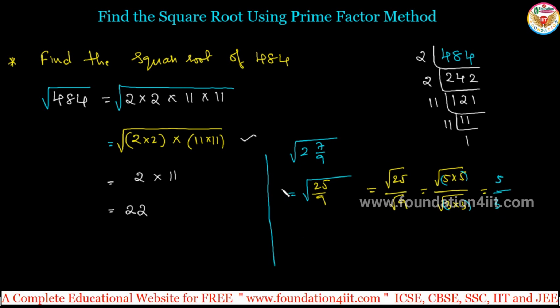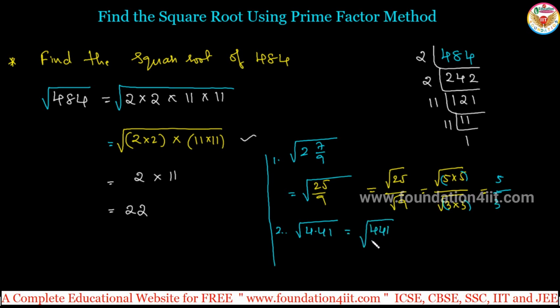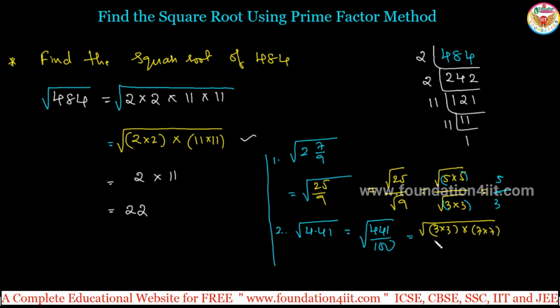For example, the square root of 4.41. This we can write as 441 by 100. Separately you can do it now. 441 is nothing but, if you do prime factorization, 3 into 3 into 7 into 7.